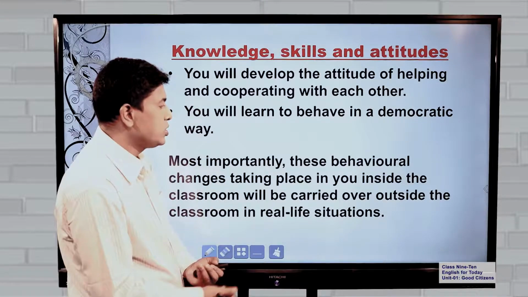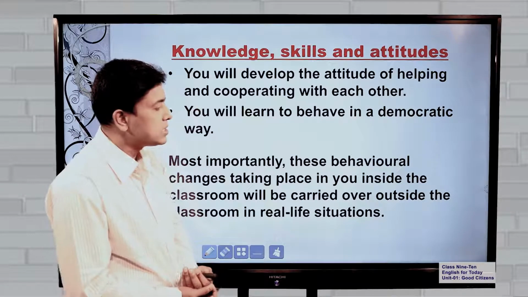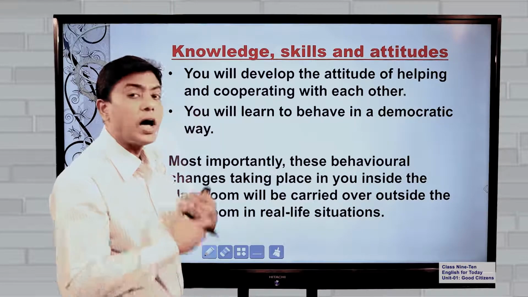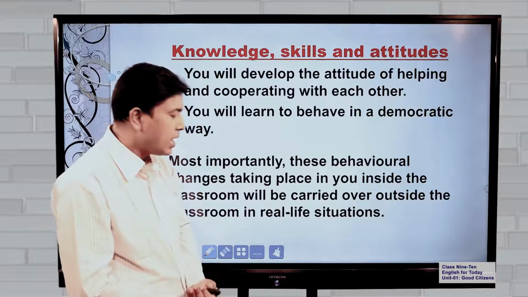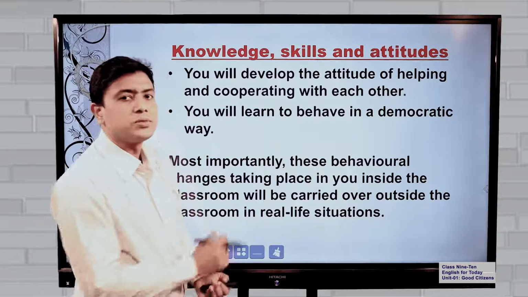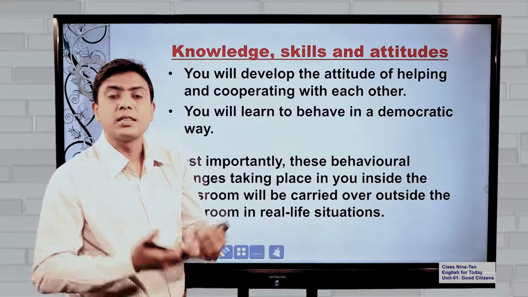And most importantly, these behavioral changes taking place in you inside the classroom will be carried over outside the classroom in real life situations. So your attitude in the classroom is going to impact your attitude in the society.